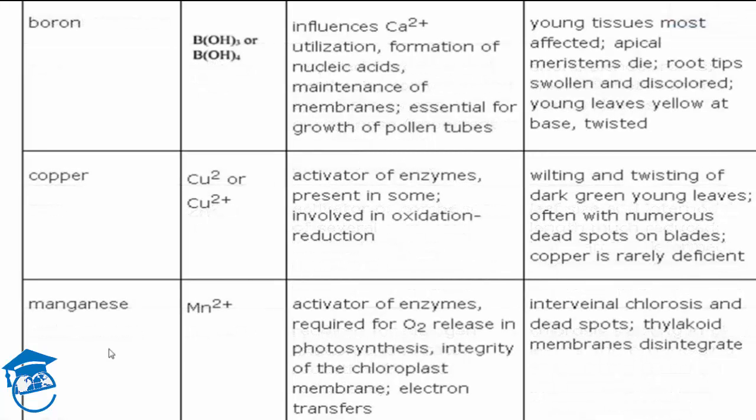Now come to the boron, which is another important micronutrient, students. Okay, boron is absorbed in the form of BO3 3- or BO4 4-. Okay, so boron is required for uptake and utilization of calcium ion.